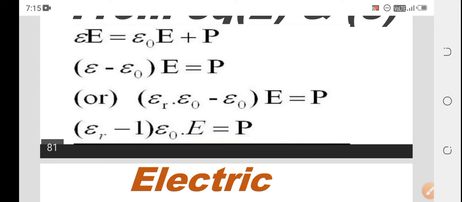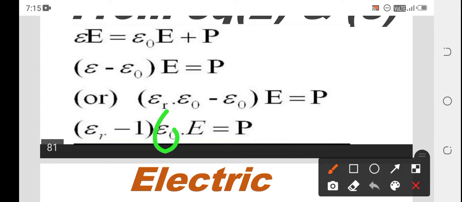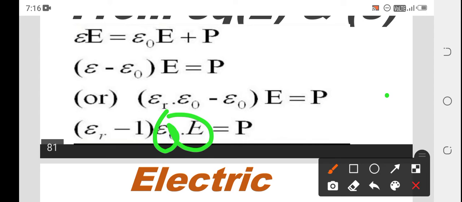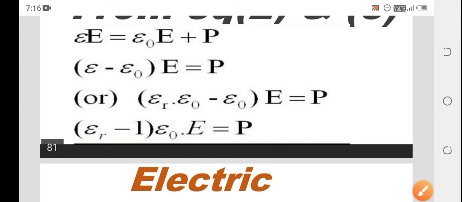Epsilon naught is common, so you can simply define it as epsilon r minus 1 into epsilon naught into E equal to P. This is the relation between electric field, polarization vector, and dielectric constant.